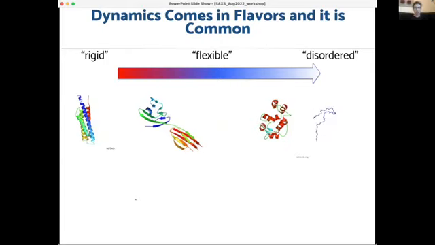And the sampling is dependent on the situation. So we can have something that is almost completely rigid and not moving, and we can have slight domain motion, and we can have a large scale domain motion. So domains can move quite a lot, and we can have completely disordered regions.